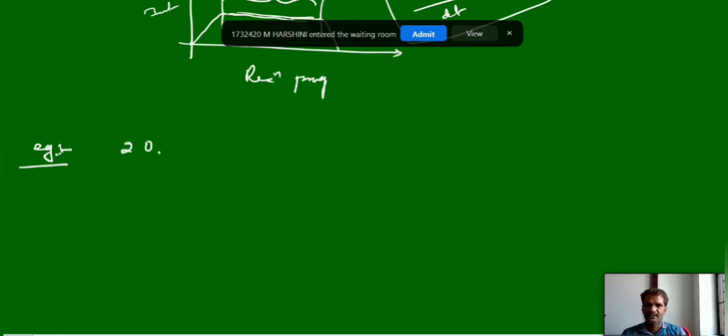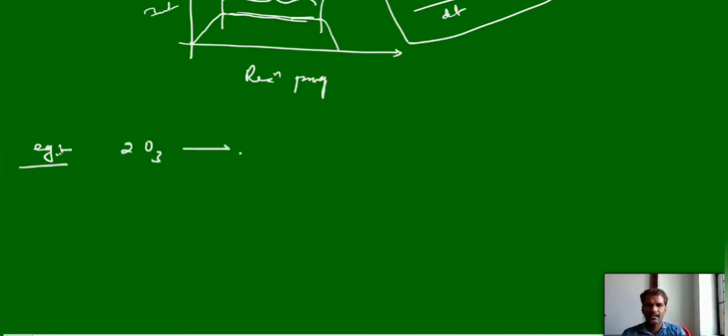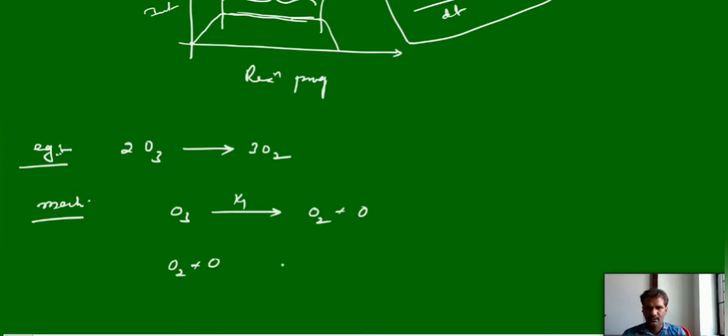Same ozone reaction. Let us assume the overall reaction for the ozone conversion into oxygen is this one. So the mechanism for this reaction is given like this: O3 gives O2 plus O, where the rate constant is K1, and next this O2 and O can give O3, where the rate constant is K2.